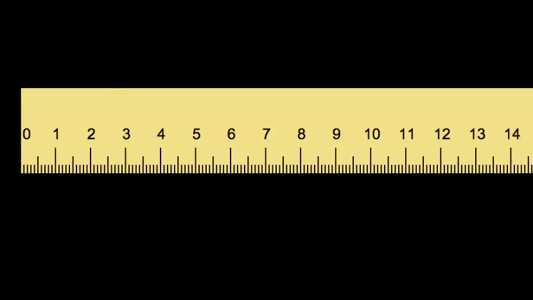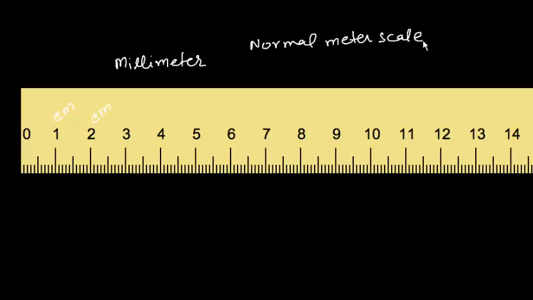Let us consider this meter scale, or we would like to call it a millimeter scale. These are millimeter marks, and this is a centimeter. And these are millimeter marks, where this is the routine scale or normal meter scale.